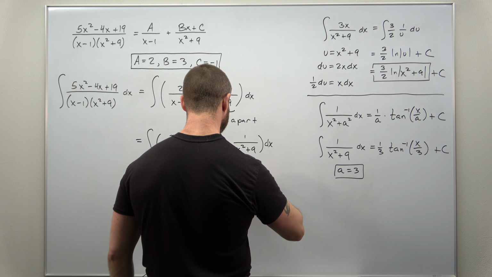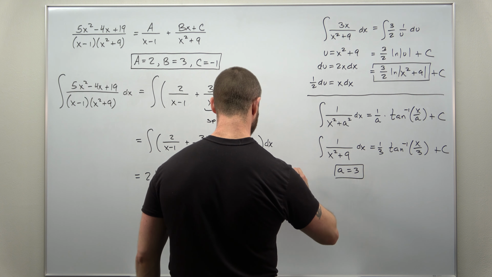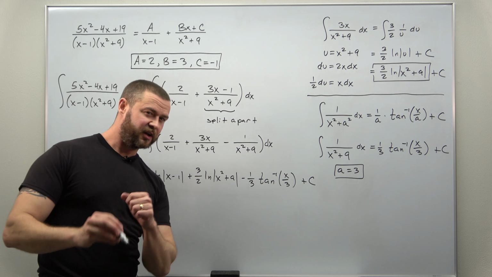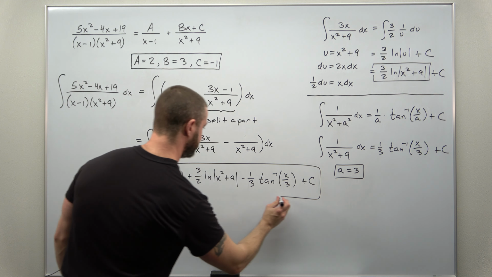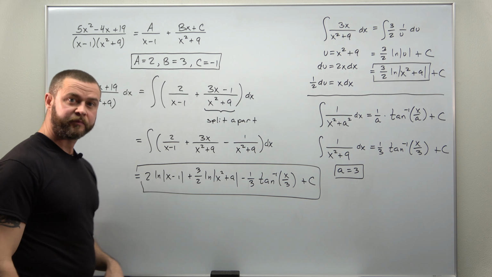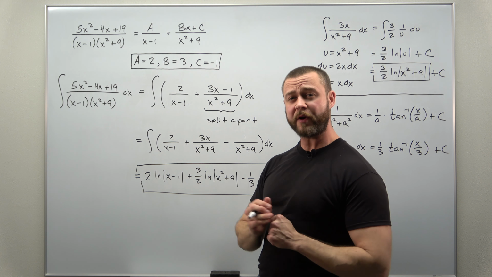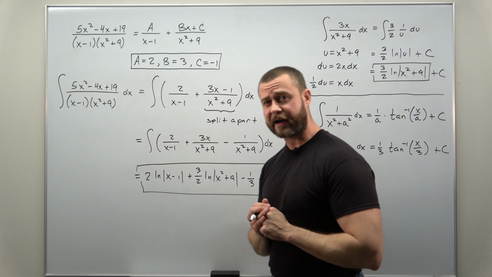We get this as minus 1/3 times inverse tangent of x over 3, and as always, your plus c. And there we go. That is a complete medium difficulty partial fraction decomposition question, which involves quadratic factors.